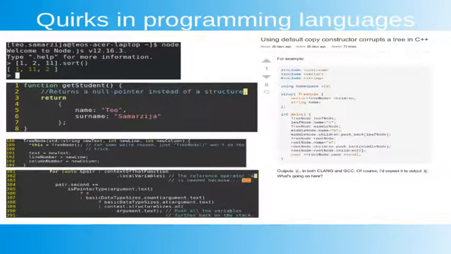a developer would expect. Then there is another, I think the most famous quirk of JavaScript, the automatic semicolon insertion.